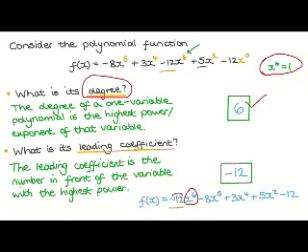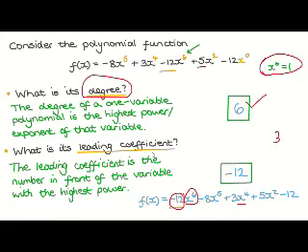So this number, the coefficient of the highest power variable, you will say is the leading coefficient. Here you can see the coefficient of x power 4 is nothing but 3, right? We learned this in the previous slides.